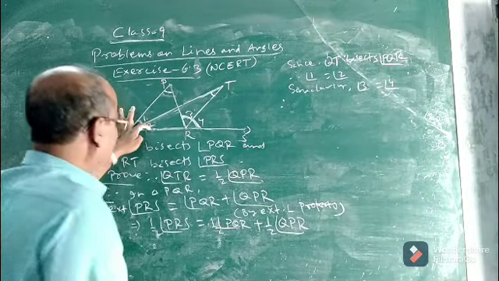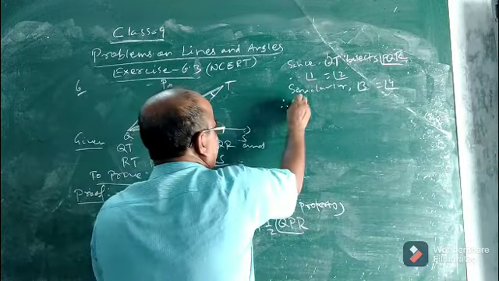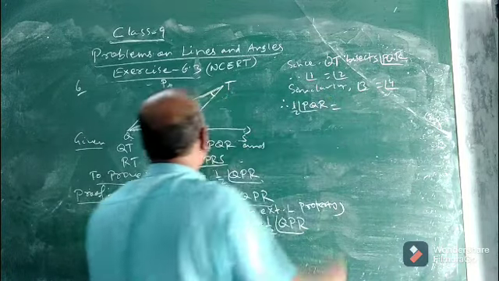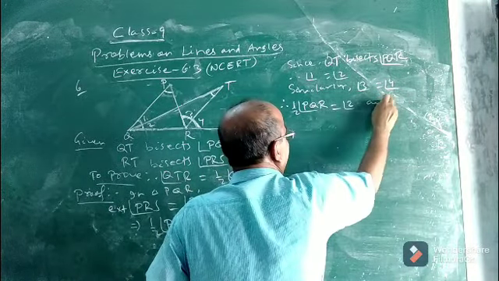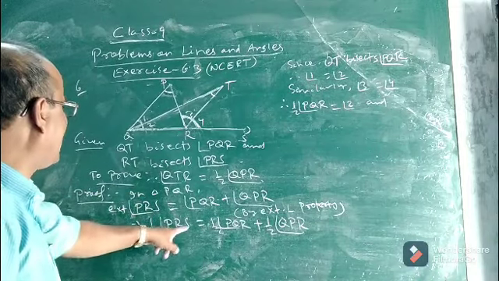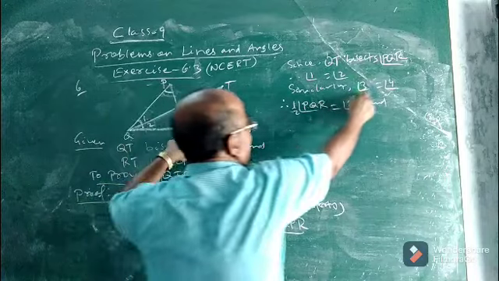Therefore, if 1 equal to 2, then half of PQR will be equal to which angle? Half of PQR will be either 2 or 1. So you take angle 2. And half of PRS, 3 and 4 are equal.